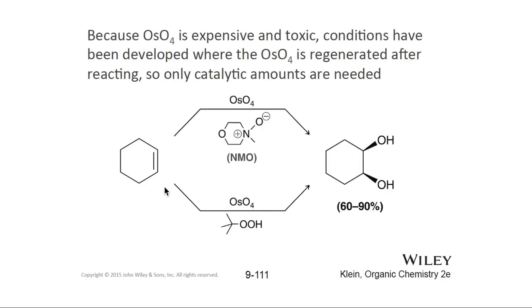Osmium tetroxide is very expensive and very toxic, so we try not to use a lot of it in the lab. And so chemists have come up with ideas to reuse the osmium tetroxide and use it in very small amounts that can be regenerated in the reaction.